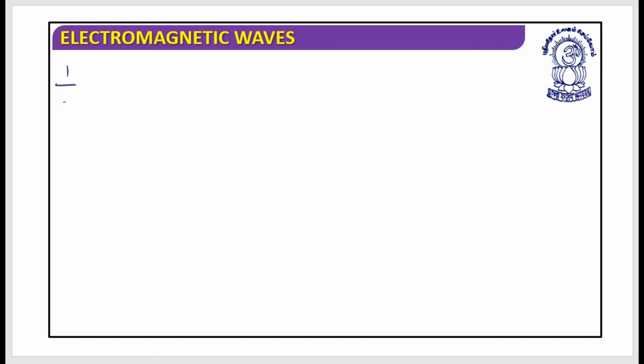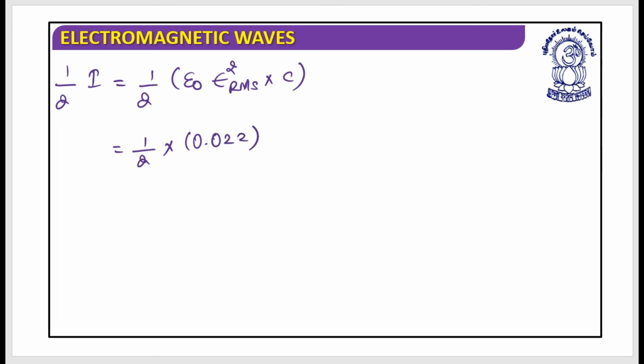So it's half of I, or I should say half of epsilon naught E square RMS into C, which equals 1 by 2 multiplied by 0.022.